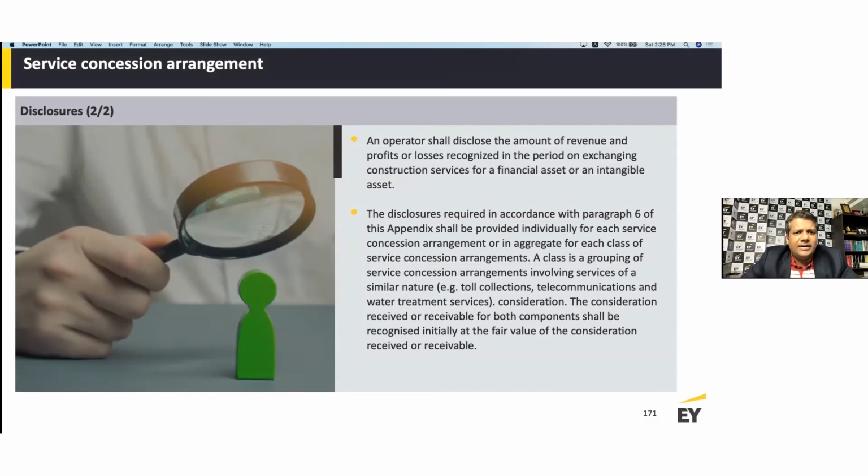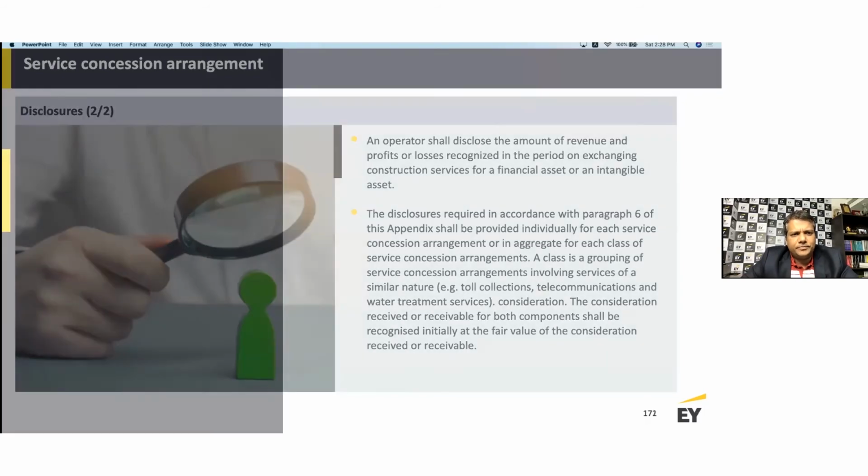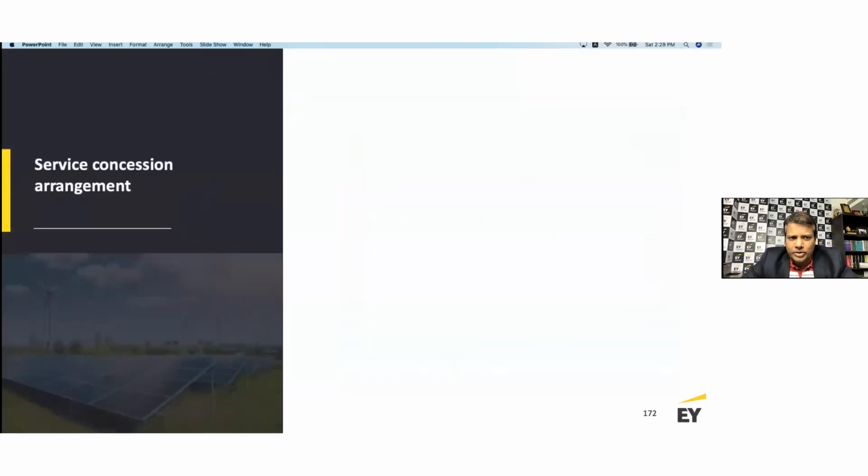Then disclosures as required per para 6 of the appendix shall also be provided individually for each service concession arrangement or in aggregate for each class of service concession arrangement. You can group them together for similar types of service concession arrangement. So lots of disclosure as usual.